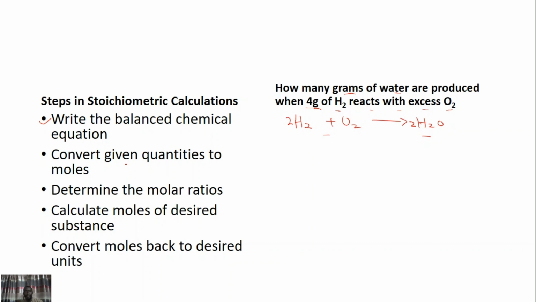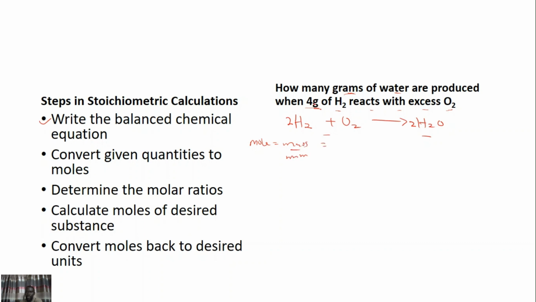The next thing is we need to convert the quantities to mole. When you are applying stoichiometry to any equation, whatever you are given, you need to convert it to mole. In this question, we are given 4 gram of hydrogen. What is 4 gram of hydrogen in moles? Using the equation, mole is equal to mass over molar mass.